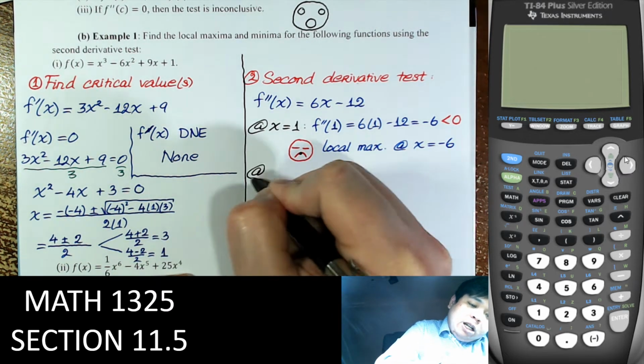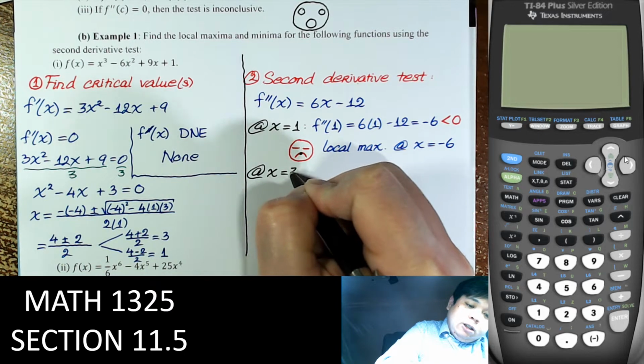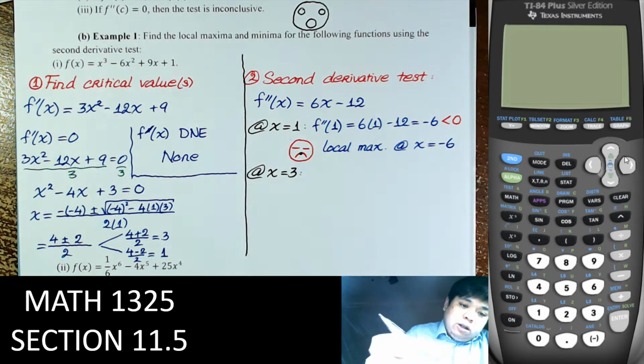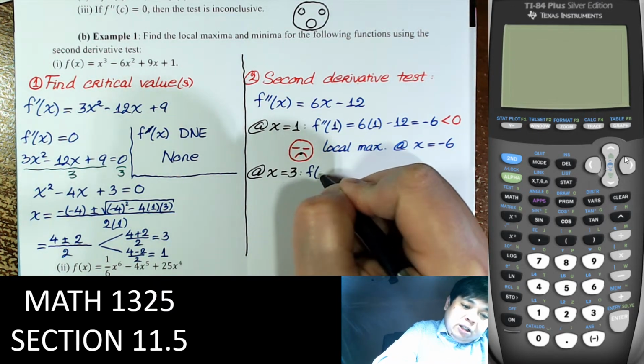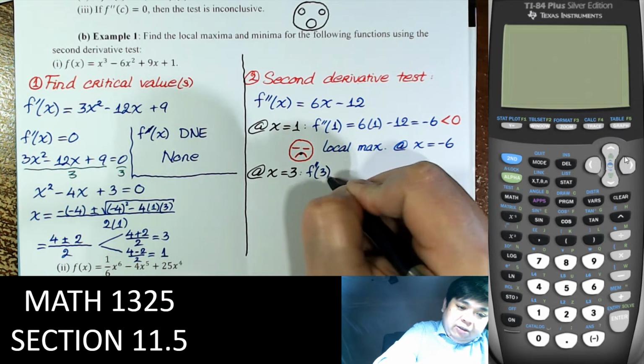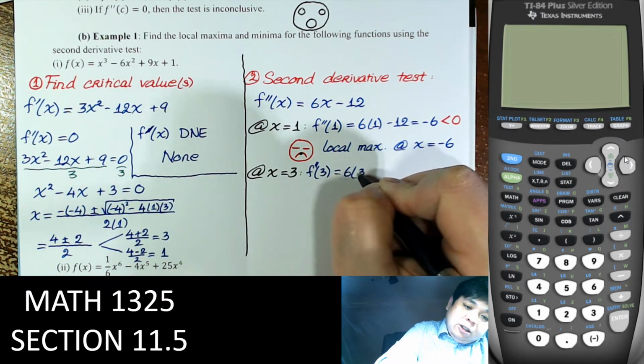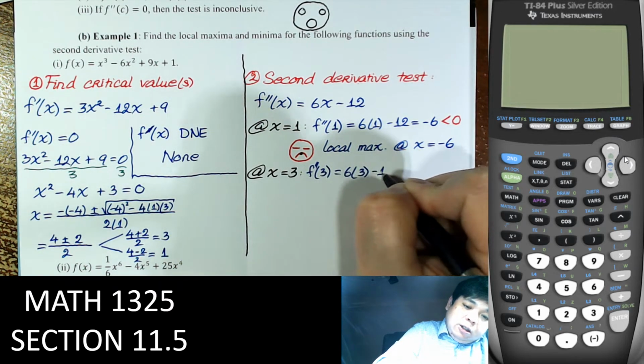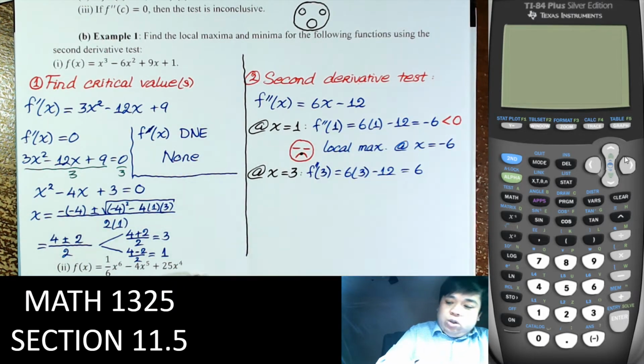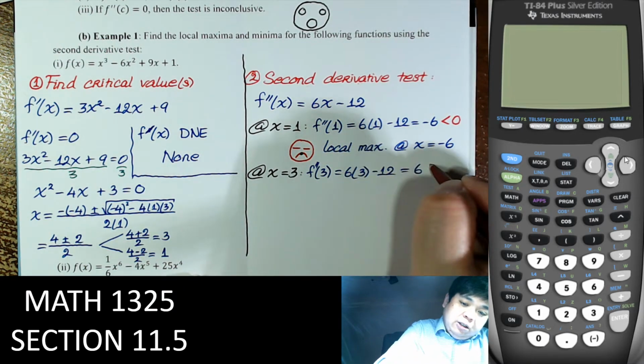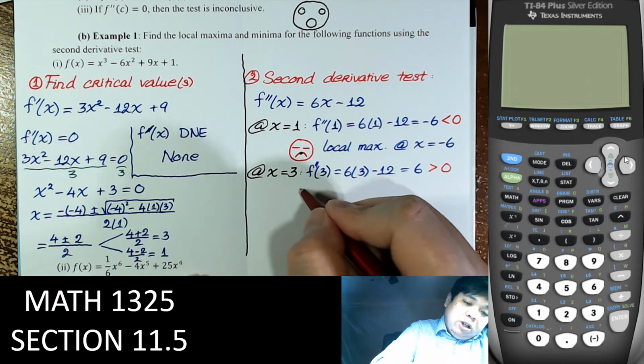Right, now we test at 3. Put 3 in for x in the second derivative. This is equal to 6, which is positive.